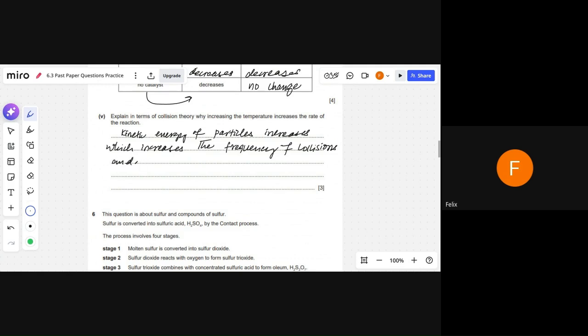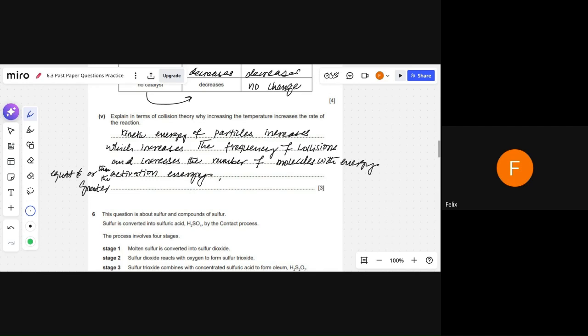And increases the number of molecules with energy equal to or greater than the activation energy, right?